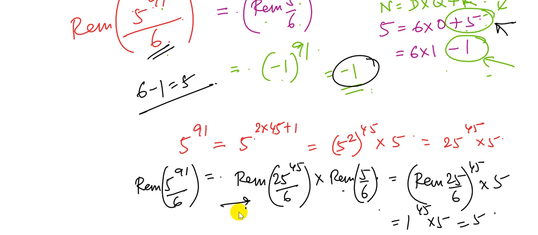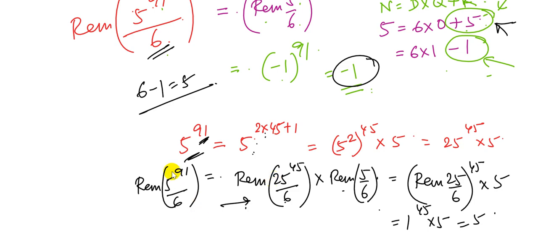But the concept is, even if you don't know the negative remainder concept, you have to manipulate this power in such a way that this number raised to a certain power divided by that number 6 will give you a remainder of 1 or 2. That is why I raised it to the power 2, because 25 by 6 has remainder 1. That is why I did it like this.